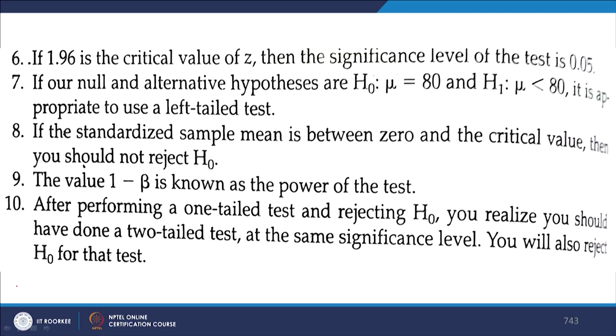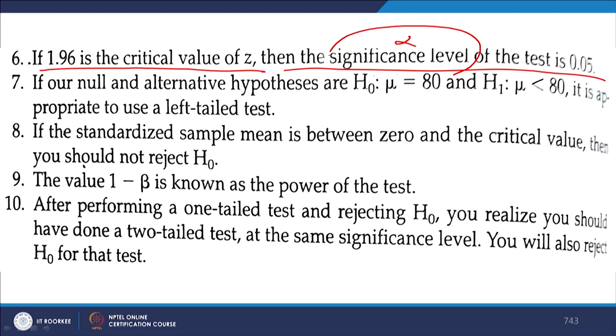If 1.96 is the critical value of z, then the significance level of the test is 0.05. Significance level means alpha. Is this true? What do you think?